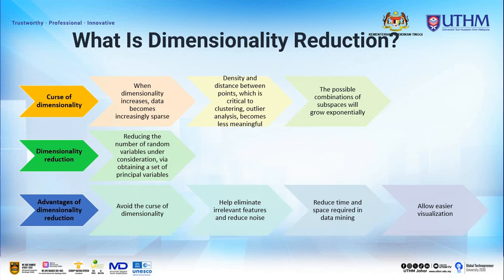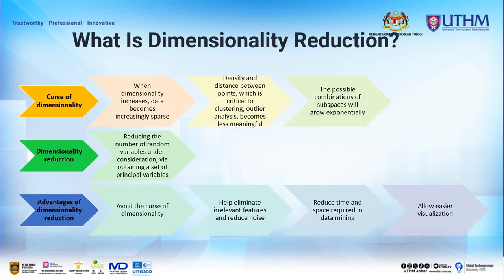Okay, next, what is dimensionality reduction? You can see here the key points are the causes of dimensionality reduction, and then the advantages. We'll see one by one. As the number of dimensions, the features, increases, data become increasingly sparse. This sparsity makes it difficult to find meaningful patterns or clusters in the data.